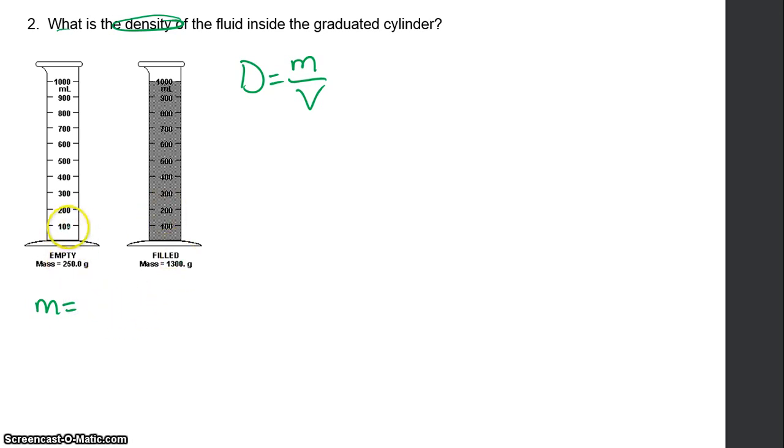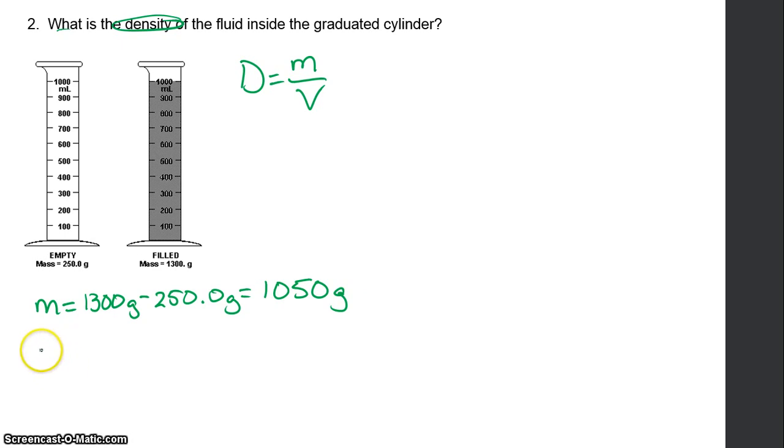If I know that empty is 250 and filled, the graduated cylinder and the liquid, is at 1300, I can subtract these two to get my mass. So if I subtract those, I end up with 1050 grams for my mass.